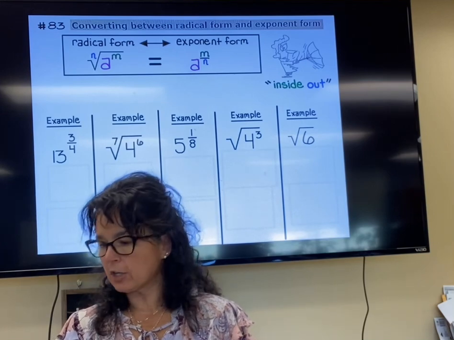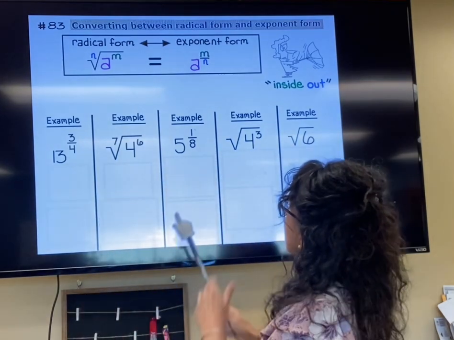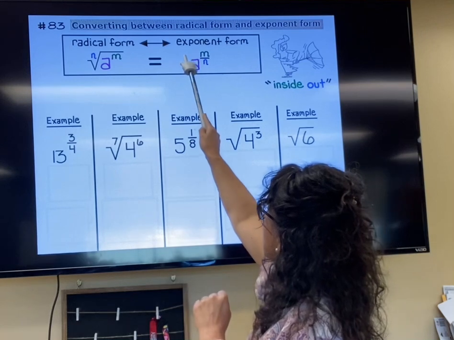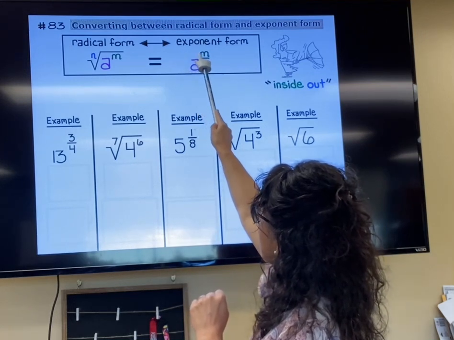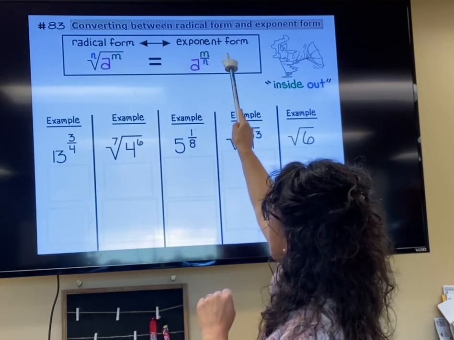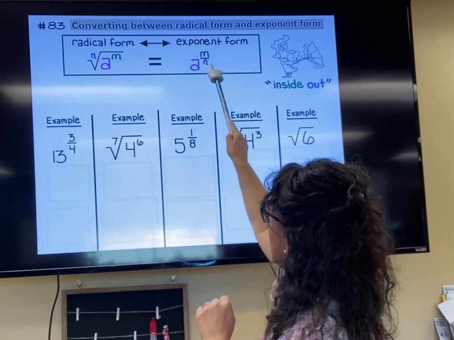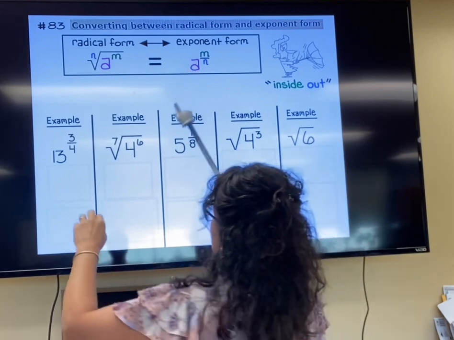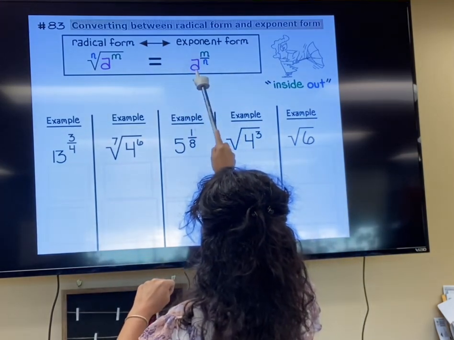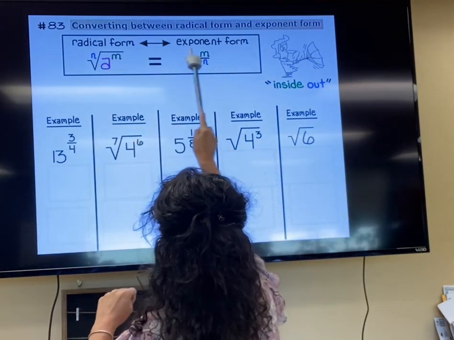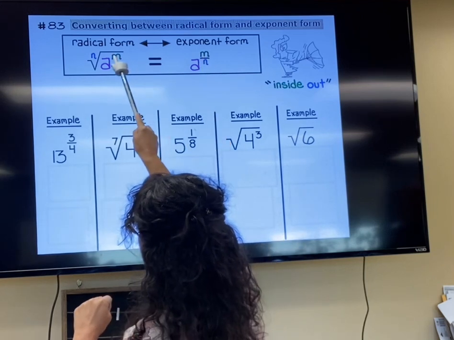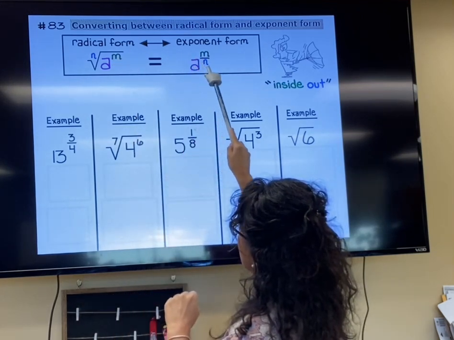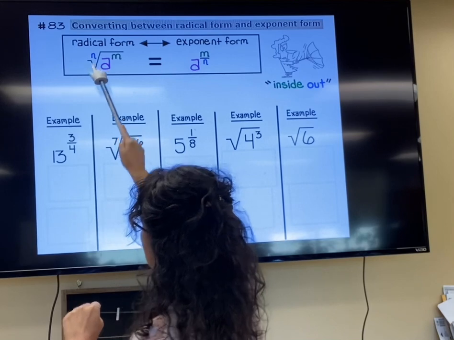So when you're converting, remember that the numerator is inside, and the denominator is outside. So it's inside out. The numerator goes on the inside, the denominator goes on the outside.